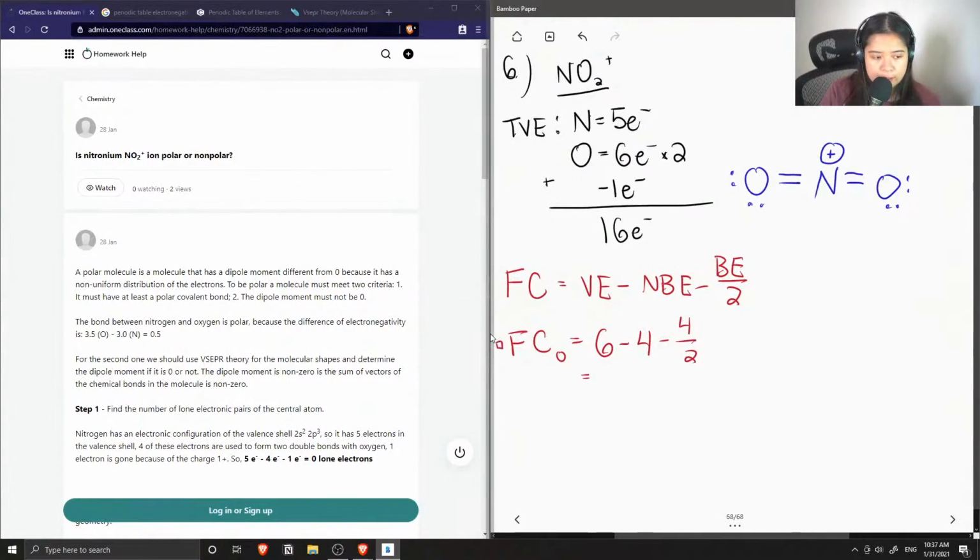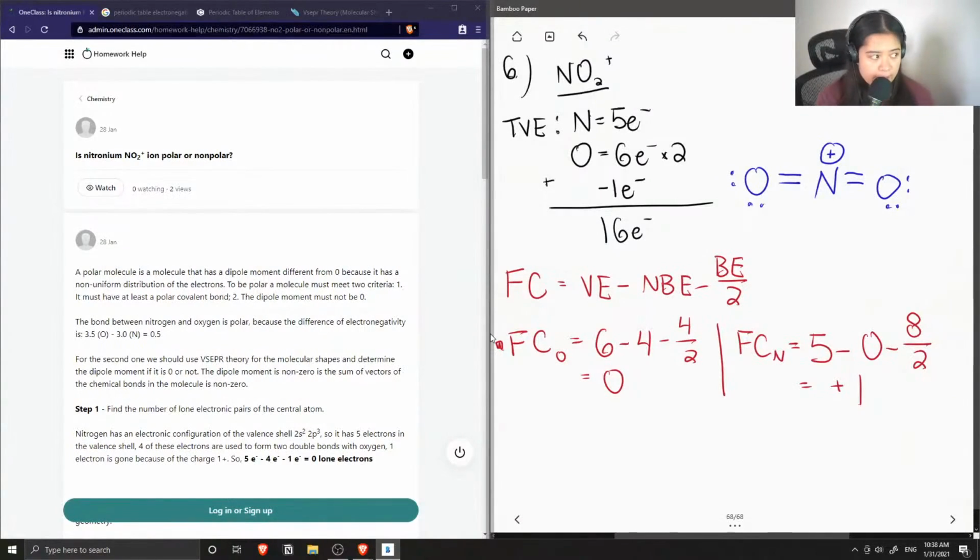So both of the oxygens will be neutral. And for our nitrogen, nitrogen has 5 valence electrons. There are no lone pairs in this structure, and there are 8 bonding electrons divided by 2. So this is how we know that nitrogen will be the one to carry the positive charge.